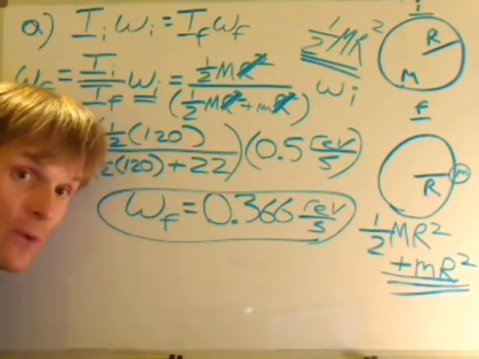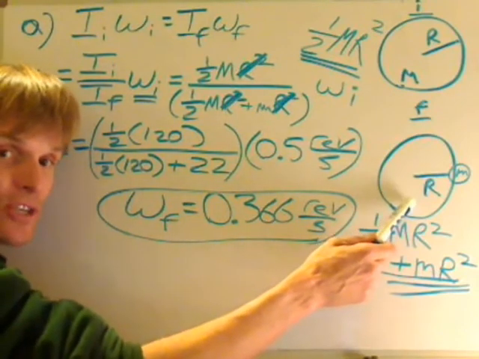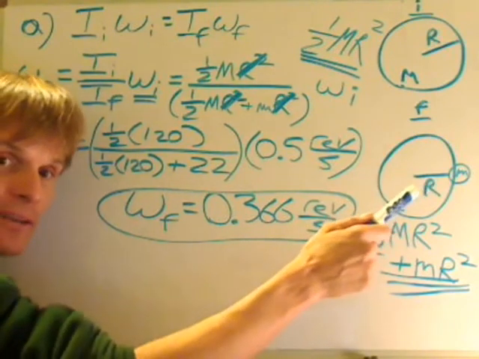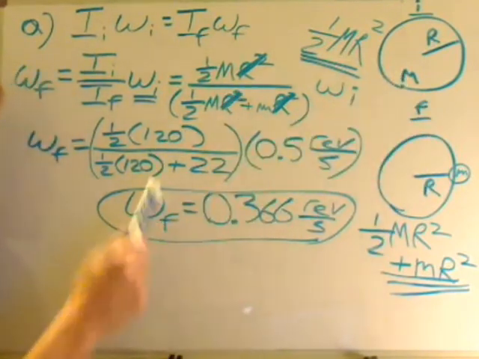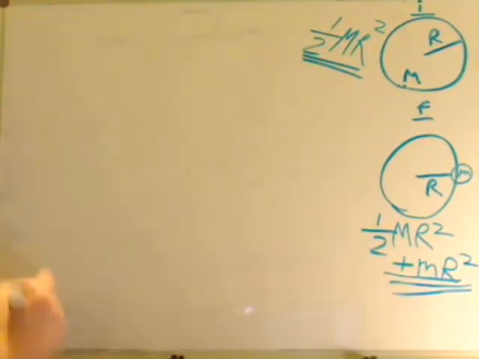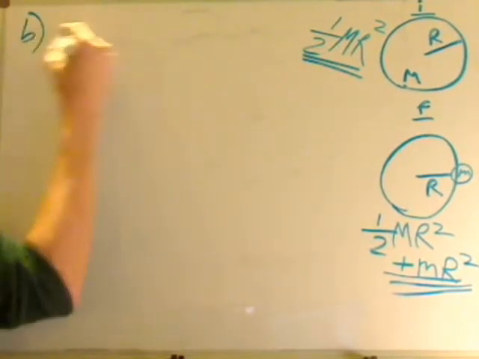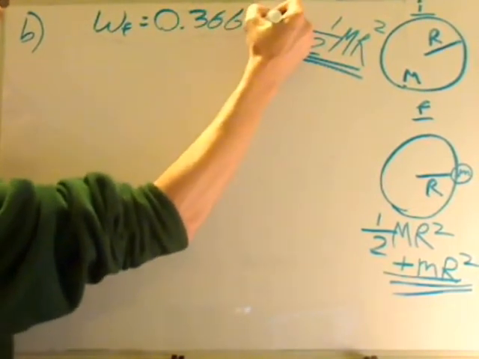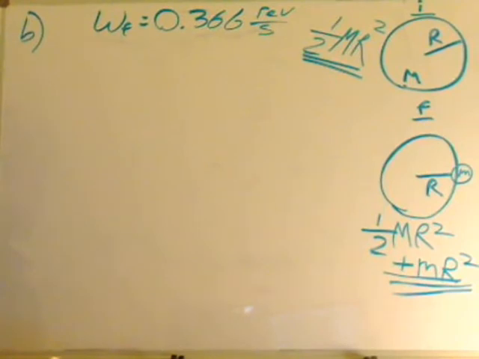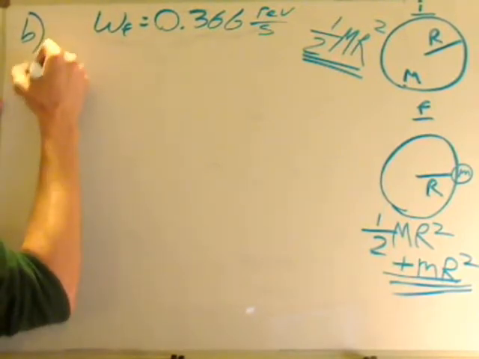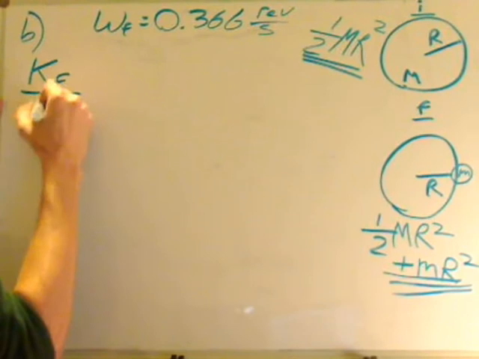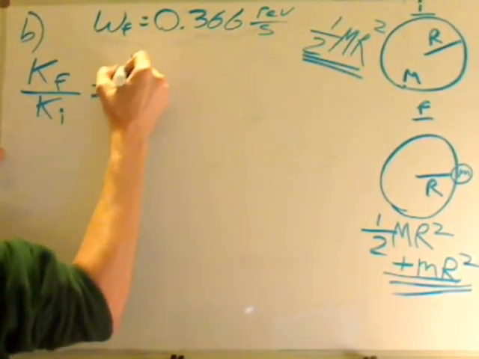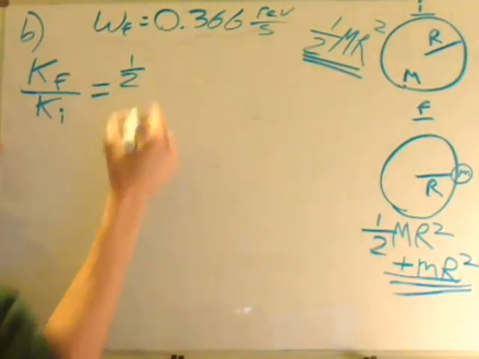Now in part B, we want to calculate the final kinetic energy compared to the initial kinetic energy. We want the ratio of the final kinetic energy to initial. So we're going to need some space here, so I'm going to go ahead and erase this. We just found that our final angular velocity was 0.366 revs per second, our answer from part A. Kinetic energy, remember, is 1/2 I omega squared.